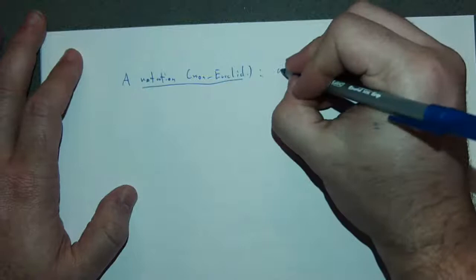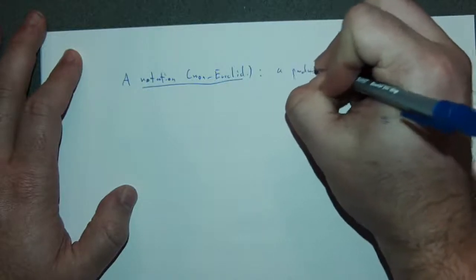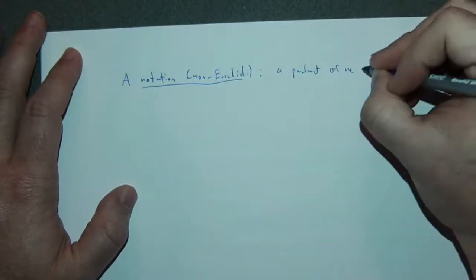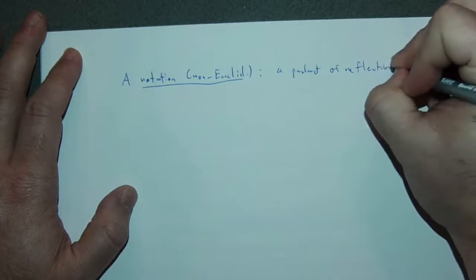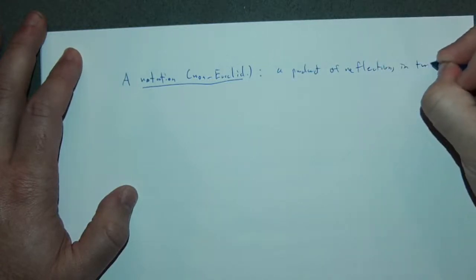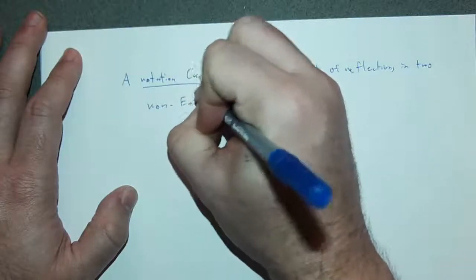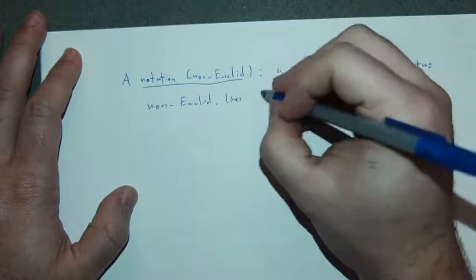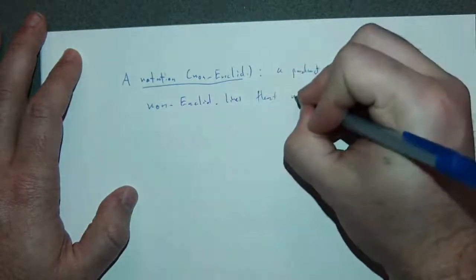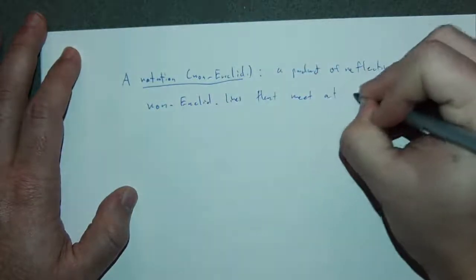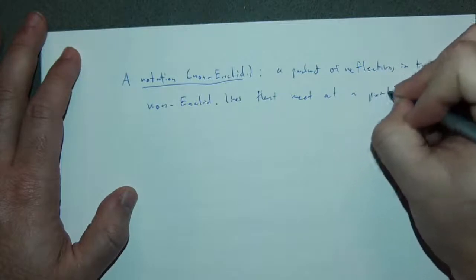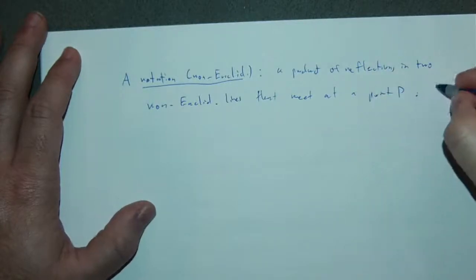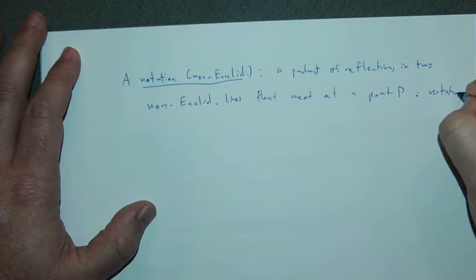This is a product of reflections in two non-Euclidean lines that meet at a point P. This is rotation about P.